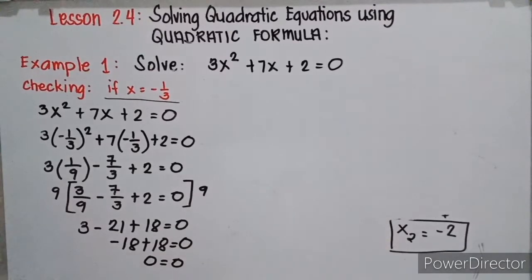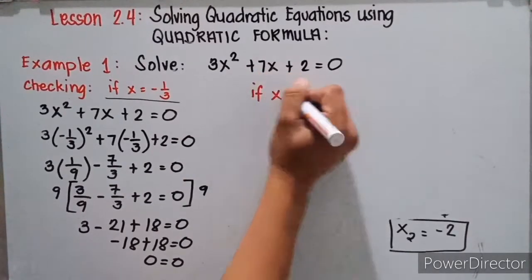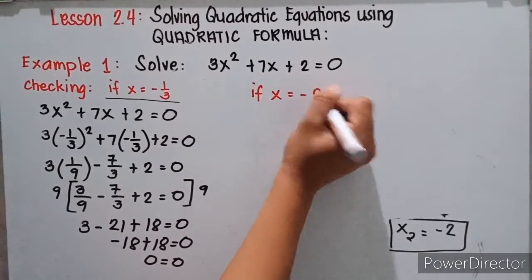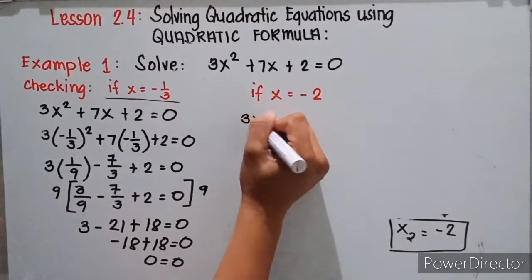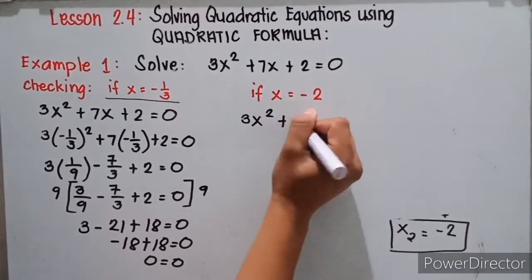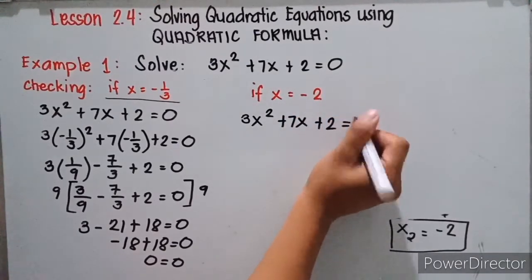So what if x is equal to negative 2? So we have 3x squared plus 7x plus 2 is equal to 0.